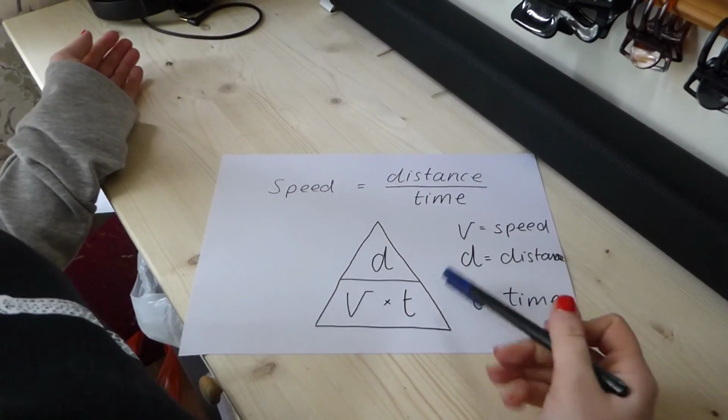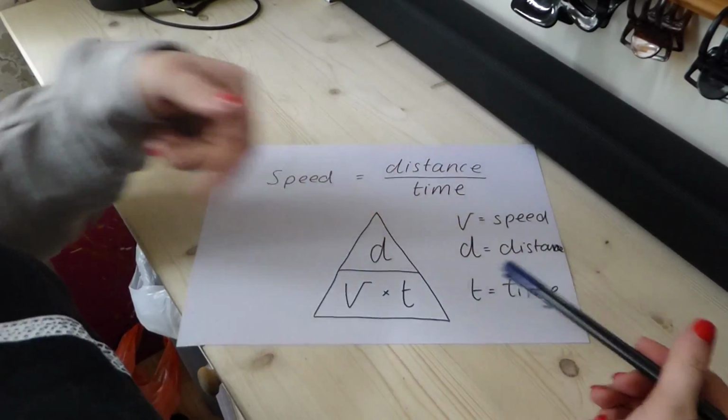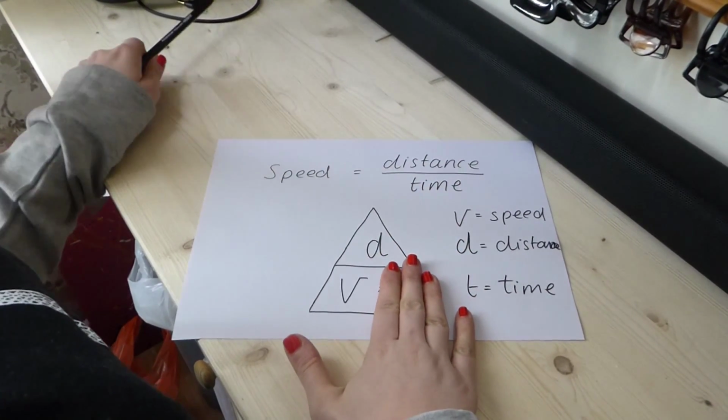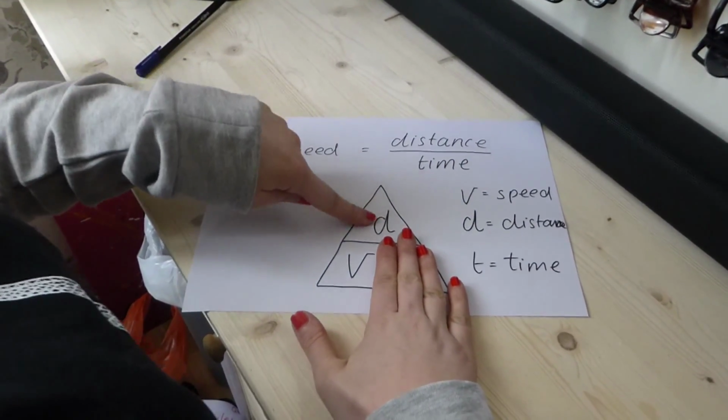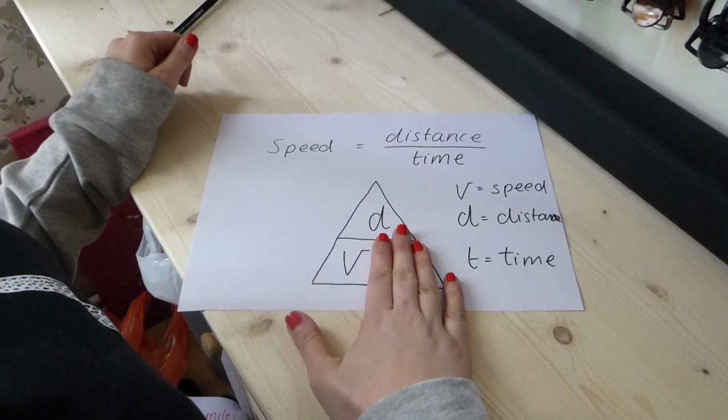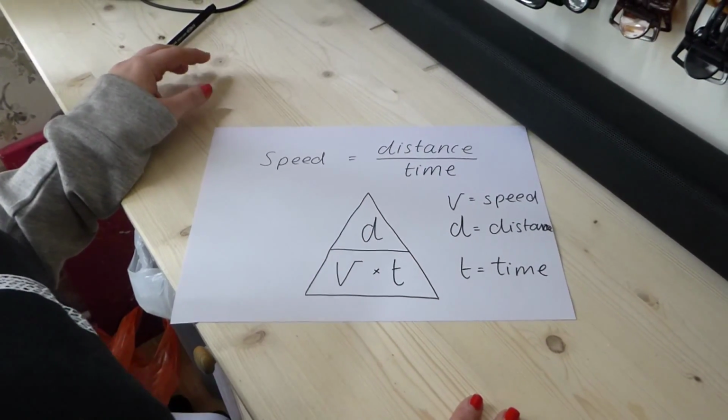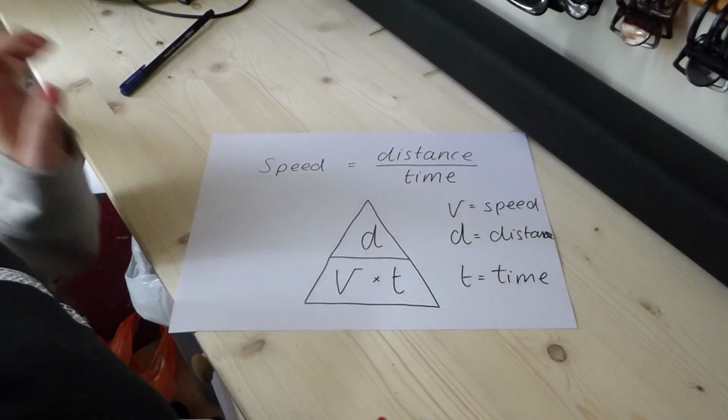Now if you want to find the time in a question and you're given the speed and the distance, you cover up time, and the formula tells you to do the distance divided by the speed. So the triangle is really, really useful, and I'm going to go through 3 problems now to help you with your homework.